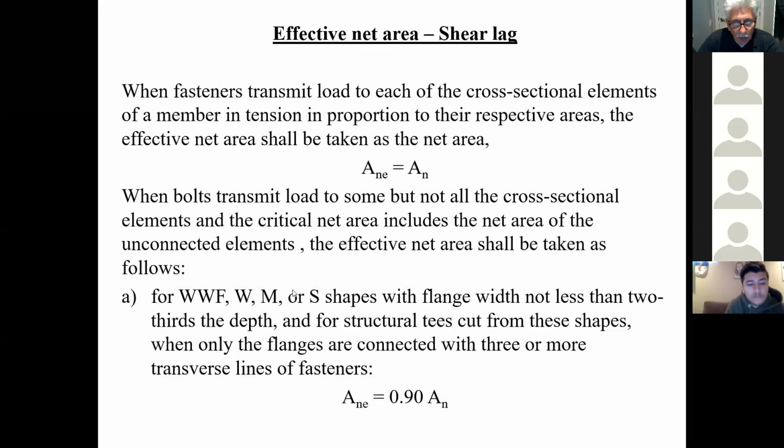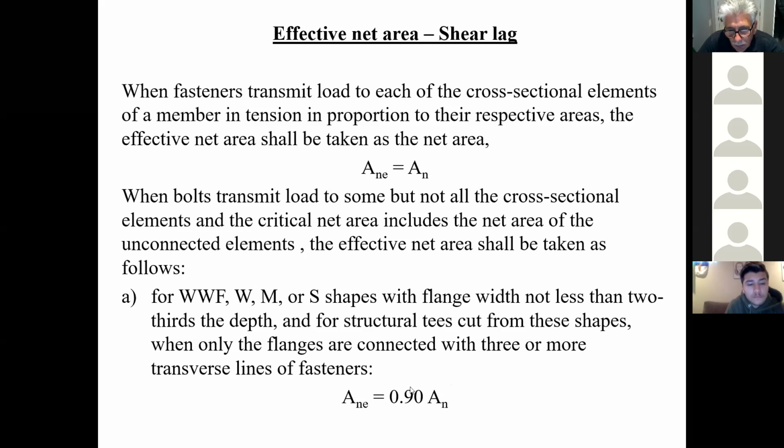So, for example, if I have a W section, or an M section, which is a miscellaneous W section, or an S section, which is an I section, with flange width not less than 2/3 the depth, and for structural Ts, if you're connecting at the flanges, once you calculate your net area, you would reduce it by 10%.